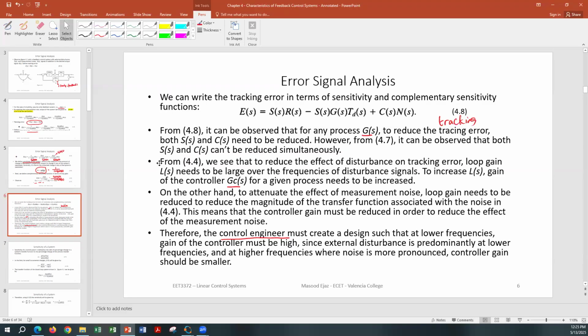So let's write this. A low pass type system.